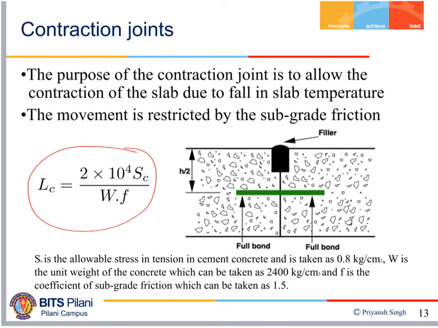That means after this length of slab, the next slab will be required, and you need to put a joint between these lengths of slab in the rigid pavement. This is the typical picture of a contraction joint. Here at both ends, these bars should be bonded with the pavement, and this reinforcement will also be at the middle of the slab.